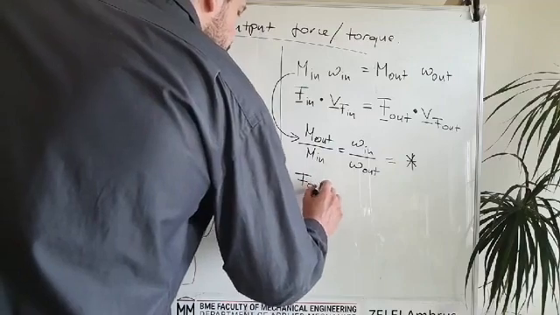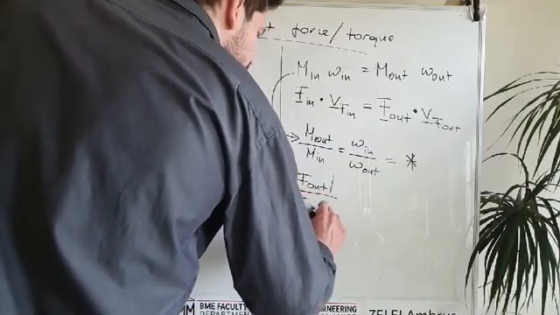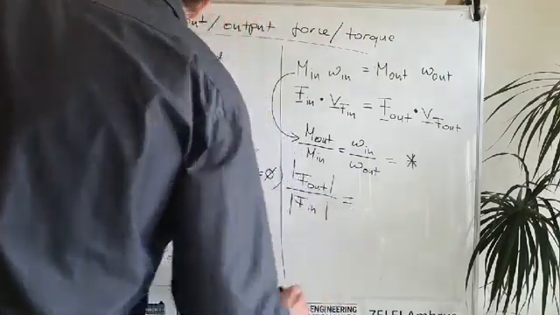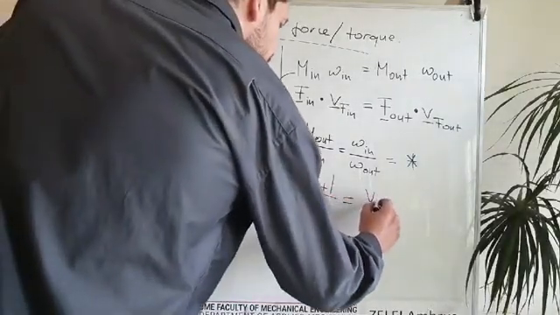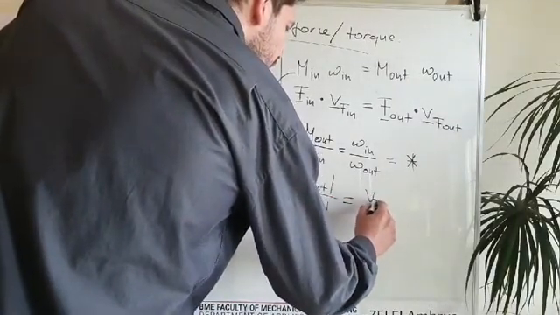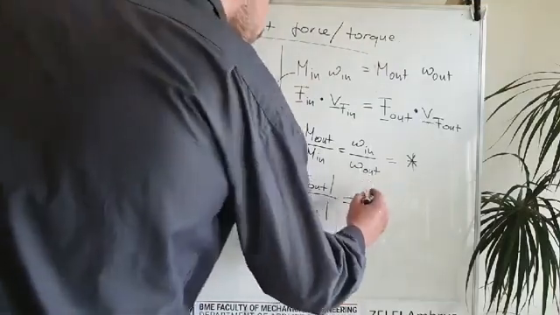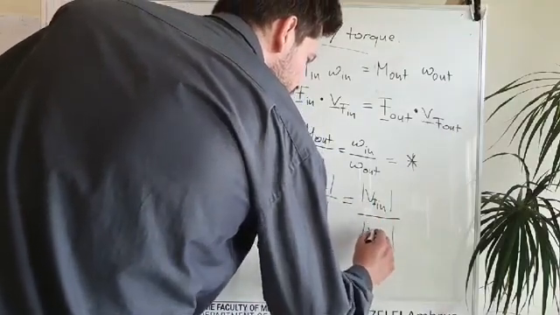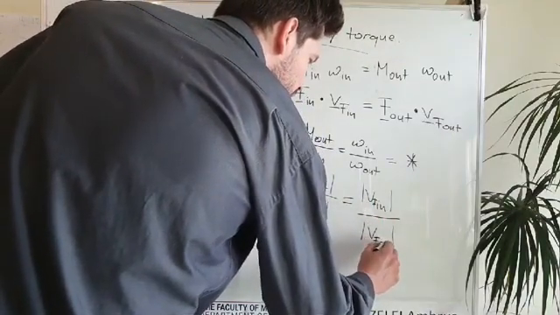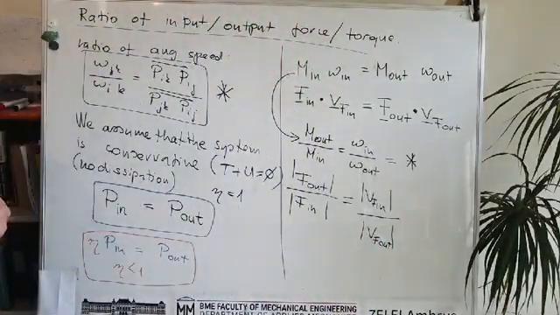So the output force absolute value over the input force absolute value is equal to the velocity of the point where the input force is exerted, in absolute values, over the velocity of the point where the output force is exerted, absolute value again.